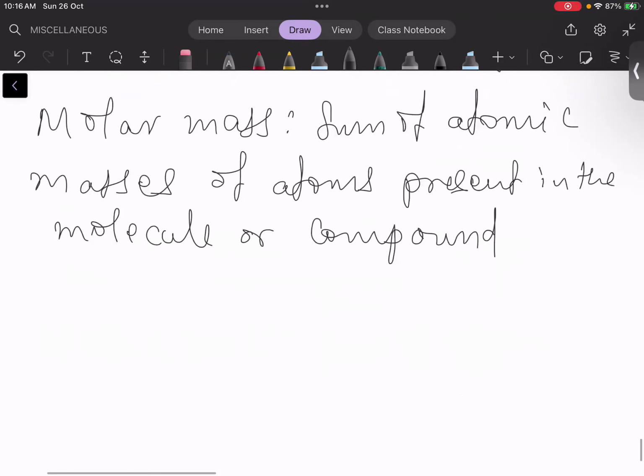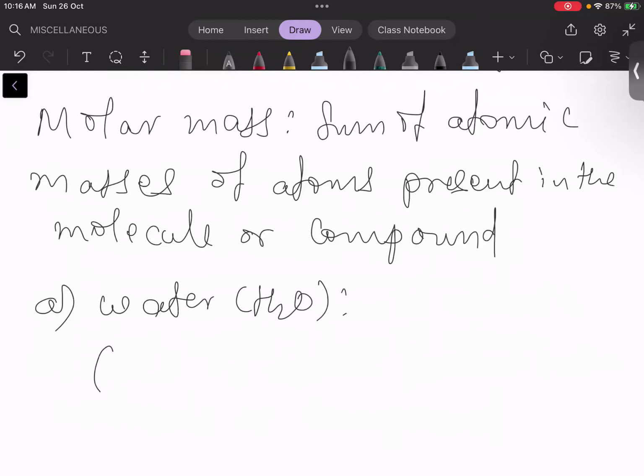For example, water. Just now we studied H2O. So, atomic mass of hydrogen is how much? 1.